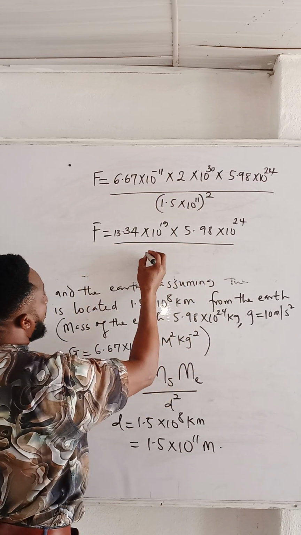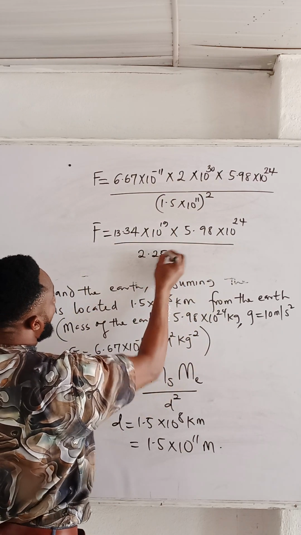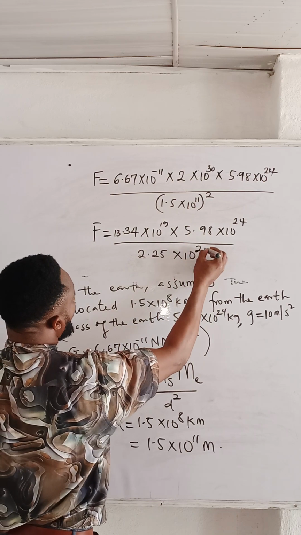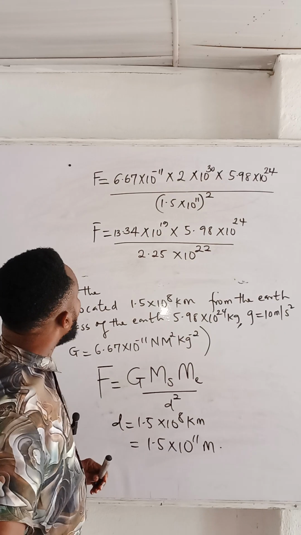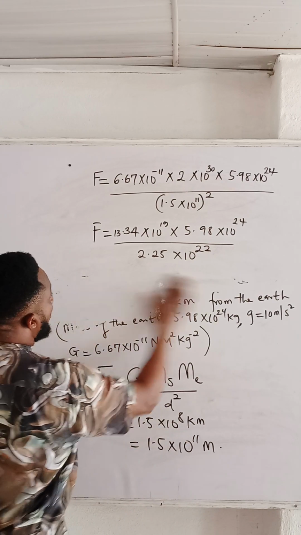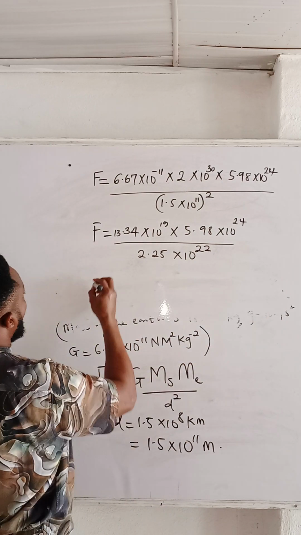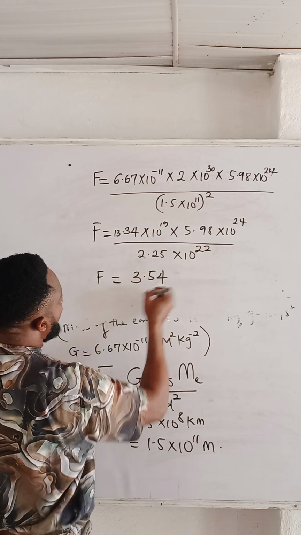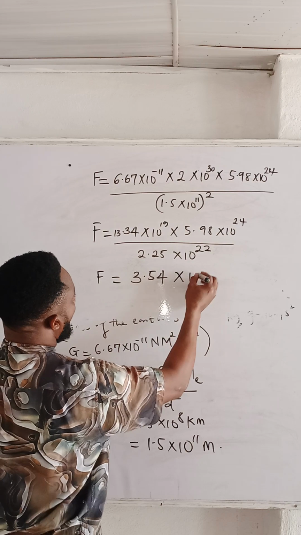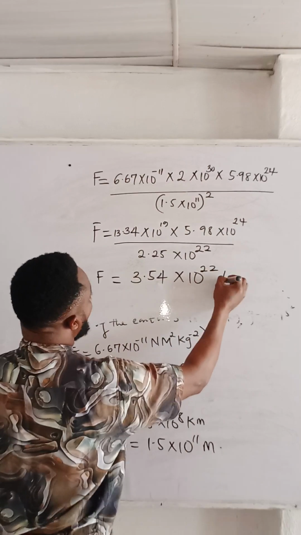If I square the denominator, that will give me 2.25 times 10 to the power of 22. So if you input these values very well in your calculator, I'm going to have this force to be 3.54, approximately to 3 significant figures, times 10 to the power of 22 newtons.